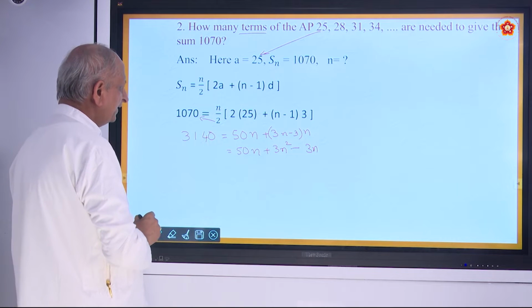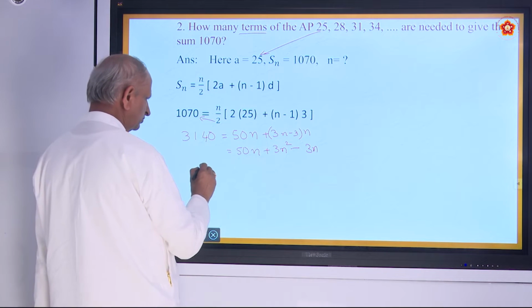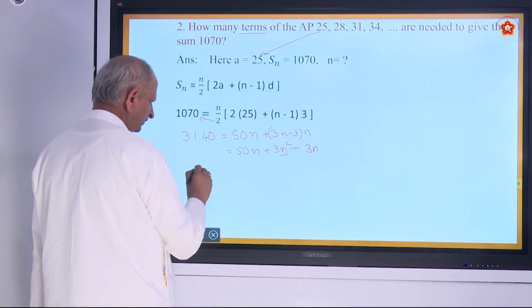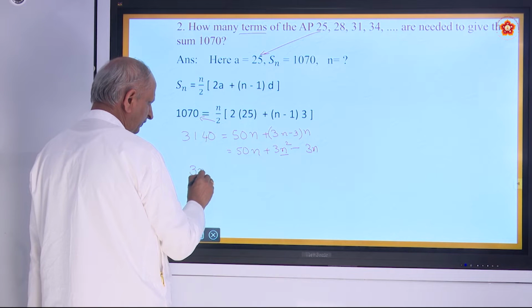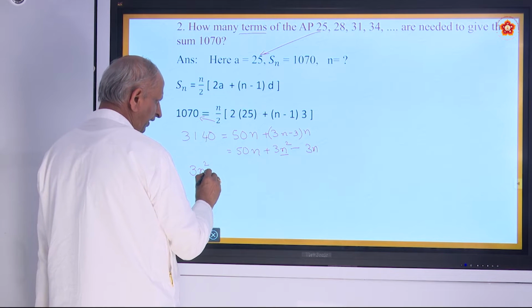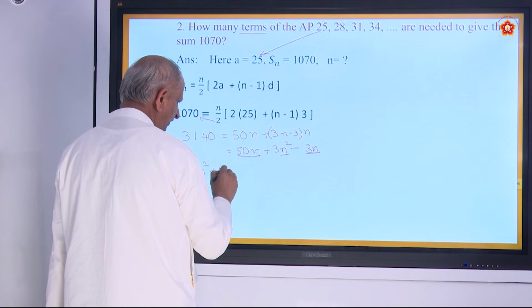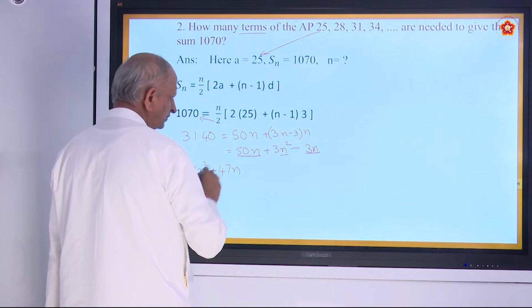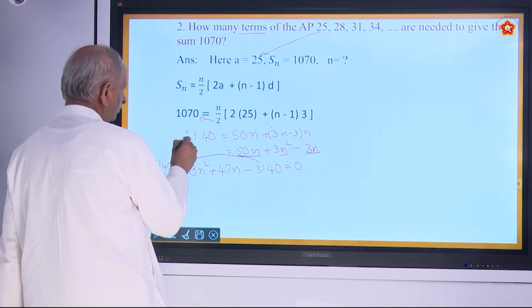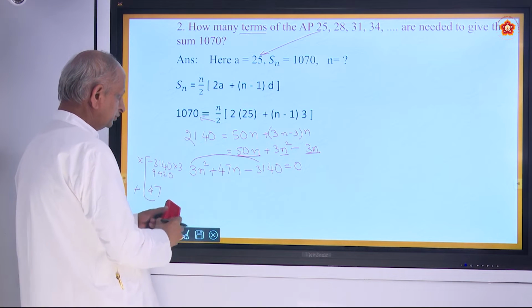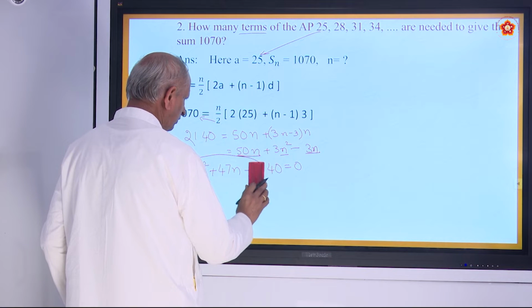So 50n minus 3n becomes how much? We will write it first like this. That is called the standard form of the equation. 3n square, 50n minus 3n becomes 47n, minus 2140. So this is 2140.